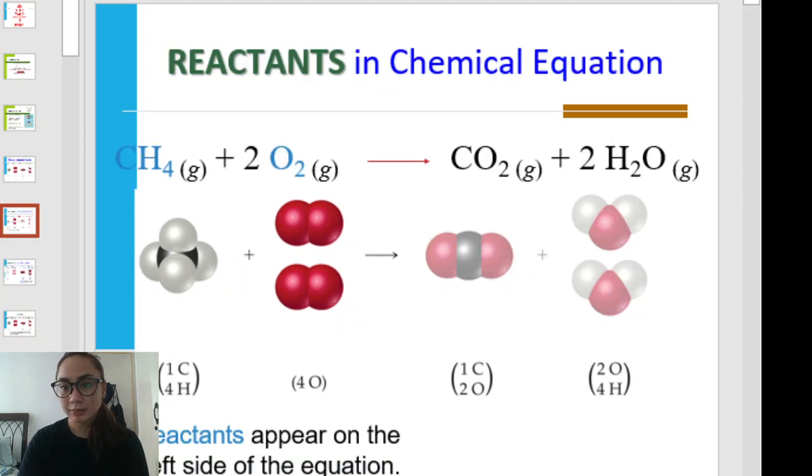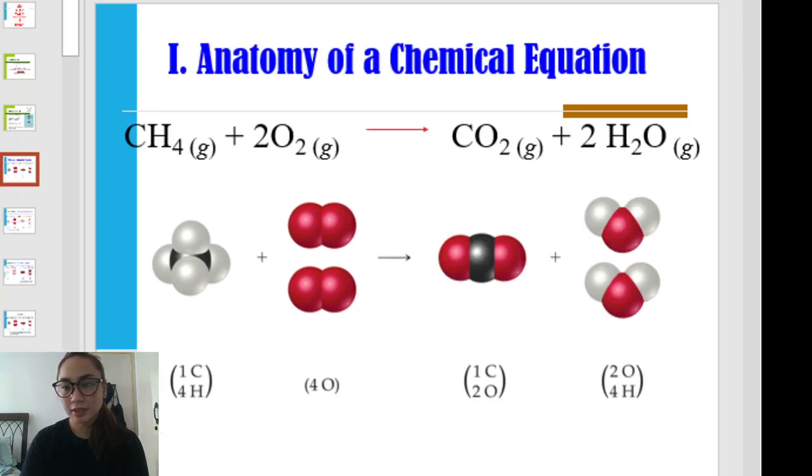Again, let me explain this. I put an illustration here for you to understand better the difference between atom and molecule.